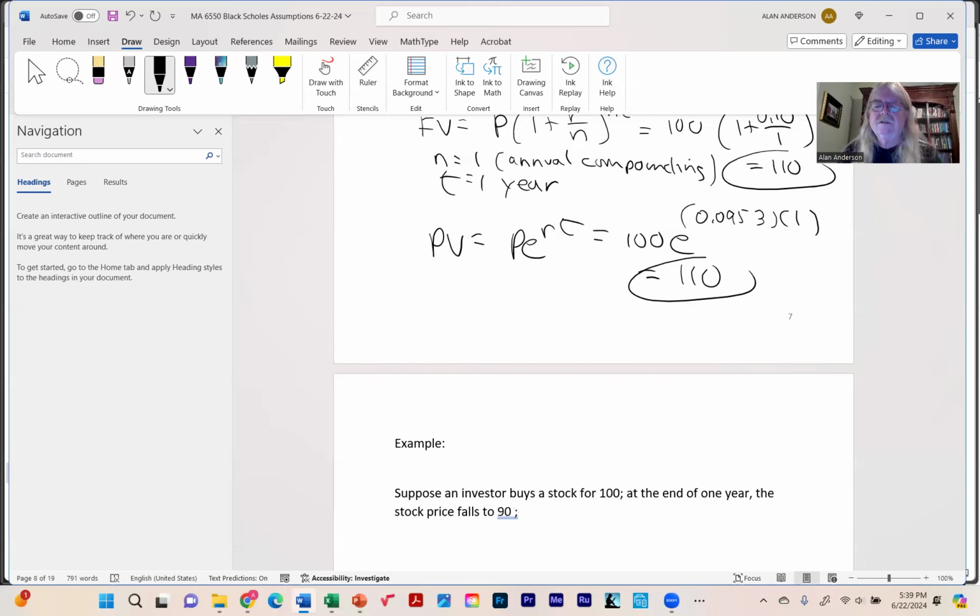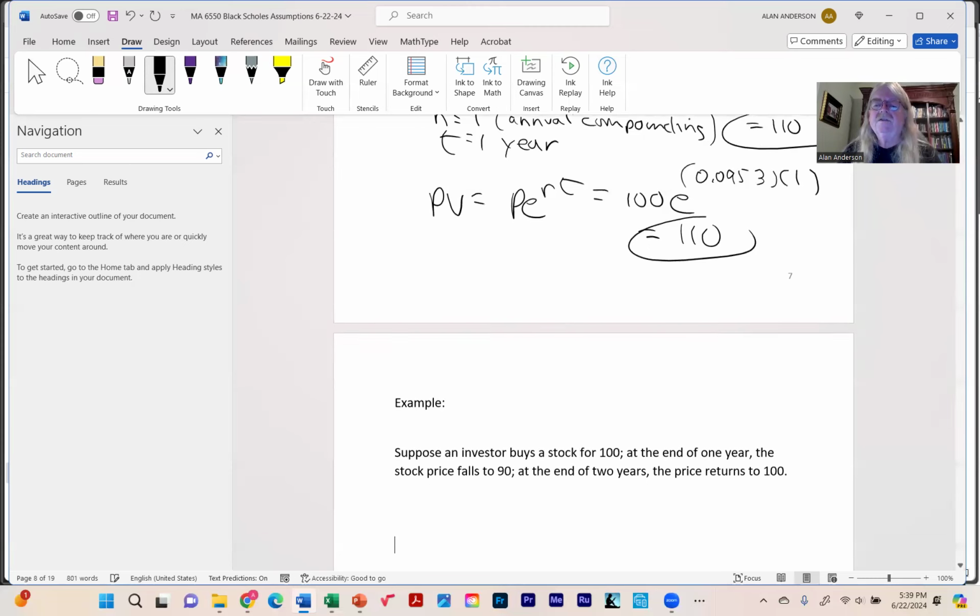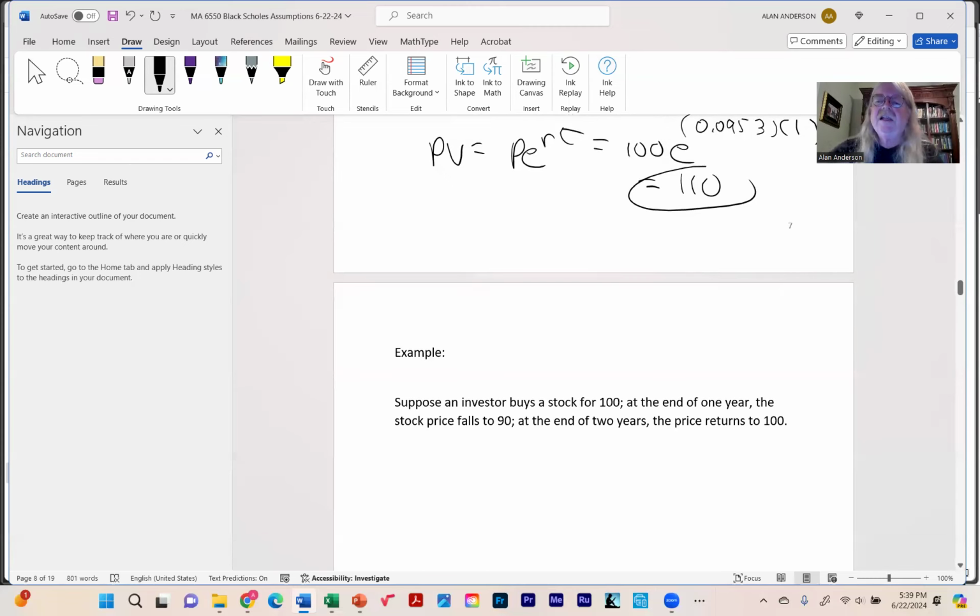At the end of 2 years, the price returns to 100. Okay, now here's the tricky part. If I calculate the discretely compounded, the annually compounded rate of return, watch what happens.